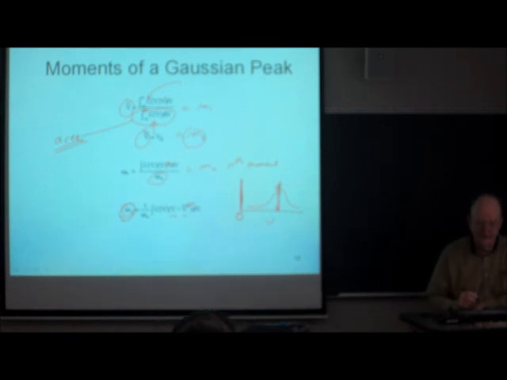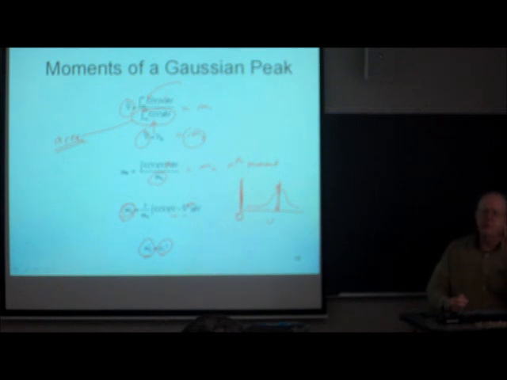If we put in the equation of a Gaussian, the second moment about the center of gravity is simply the sigma squared of the Gaussian peak. The take-home messages here are the following.